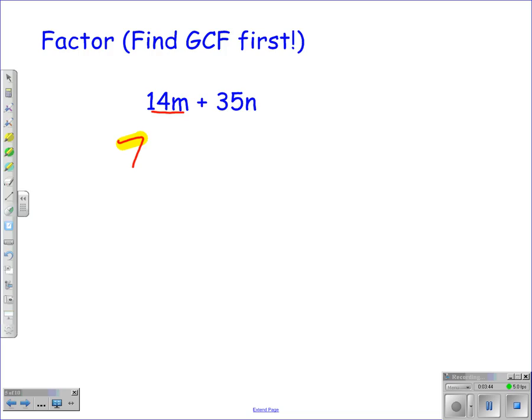So now you should be thinking about dividing both of these by 7. 14 divided by 7 is 2, with the m still there. 35 divided by 7 is 5, with the n still there. And this is in factored form. How can I check to see if I'm right? You could distribute that 7 back in. 7 times 2m, does that give you the 14m?